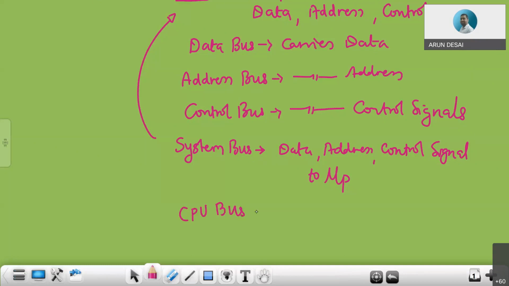A group of conducting lines directly connected to the CPU is called a CPU bus, right? So this is basically about bus. There are so many types of bus available.